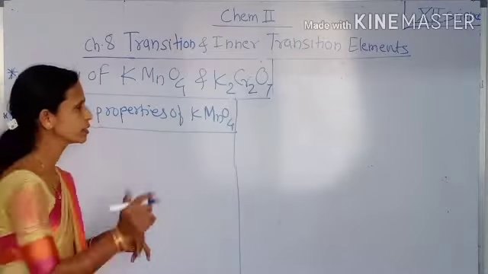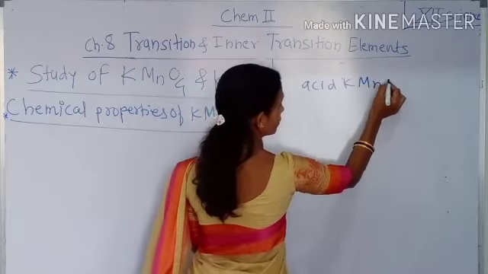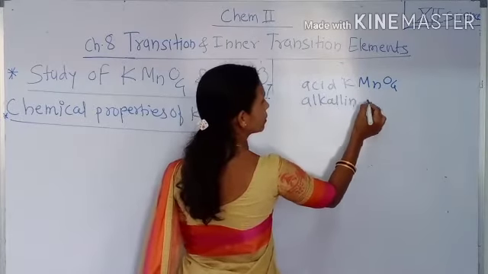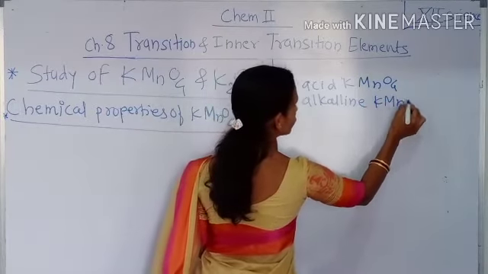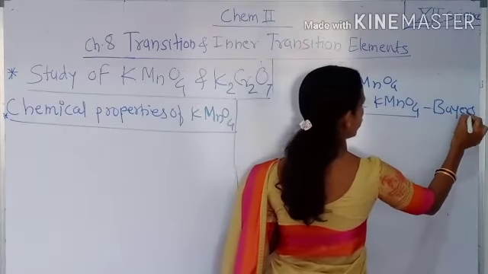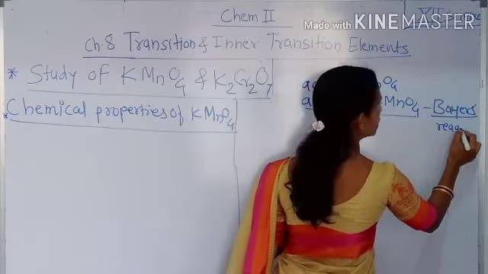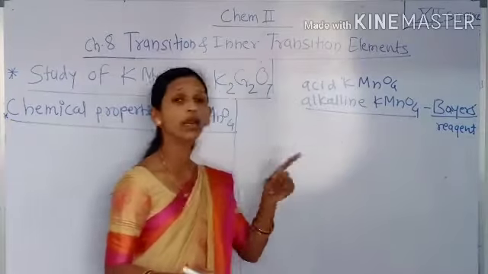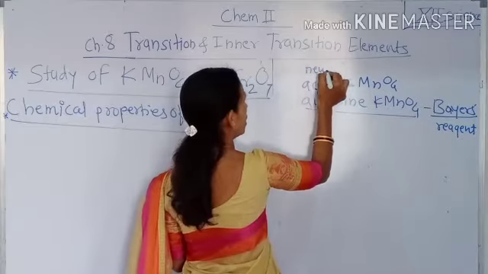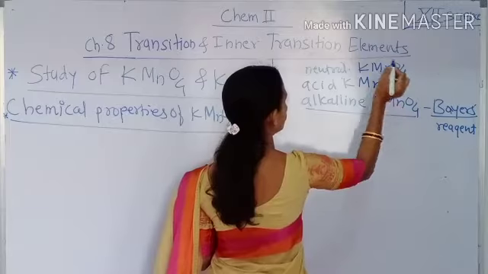That means acidic KMnO4, alkaline KMnO4, which is known as Baeyer's reagent. All of you have studied that Baeyer's reagent. Baeyer's reagent is nothing but alkaline KMnO4, a strong oxidizing agent, as well as KMnO4 in aqueous or neutral form.